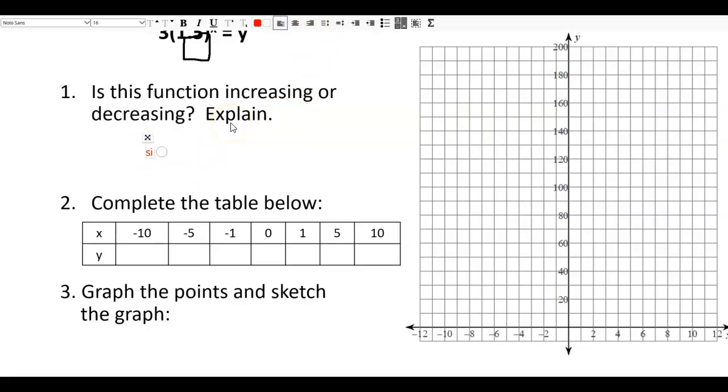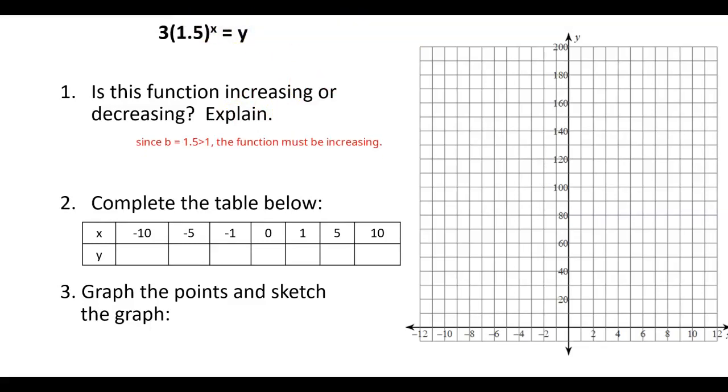So since b, which is equal to 1.5, is greater than 1, the function must be increasing. Okay, so that's something we want to be aware of. All right, let's continue on with our little journey here.